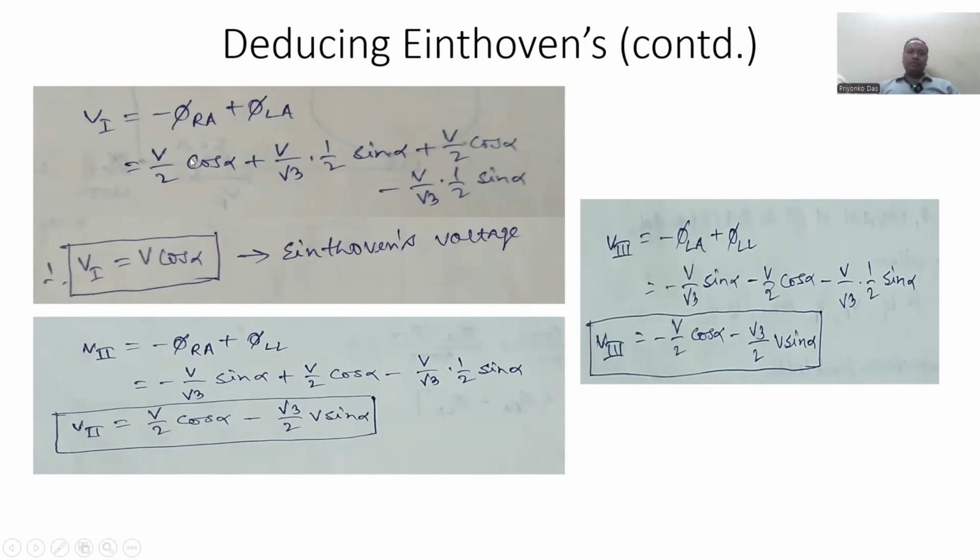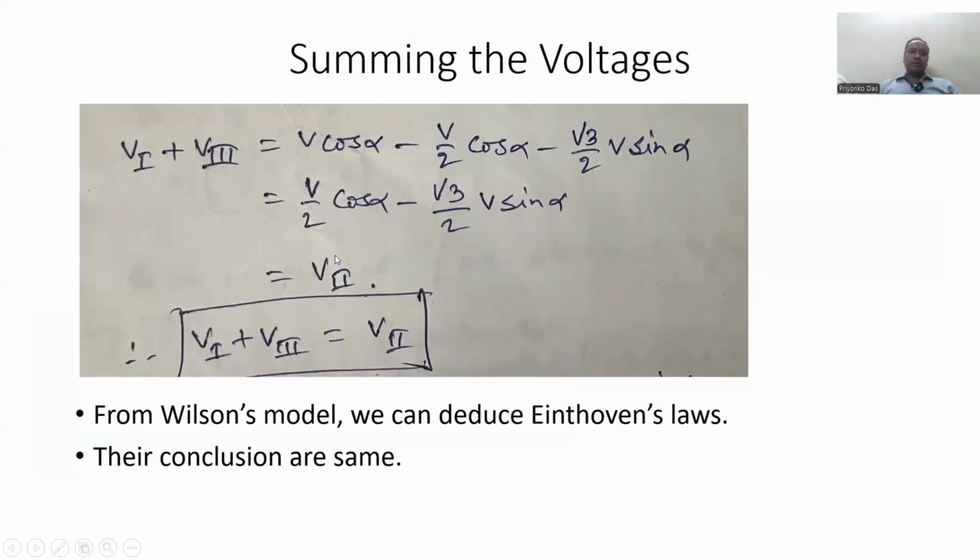If you add these two, you get V by 2 cos alpha minus root 3 by 2 V sin alpha, which is the value of V2. So V1 plus V3 is equal to V2. This is Einthoven's law. The conclusion is that from Wilson's model, we can deduce Einthoven's law.